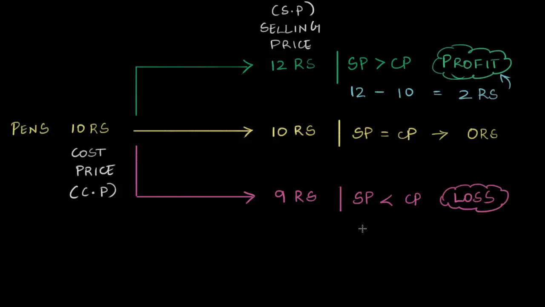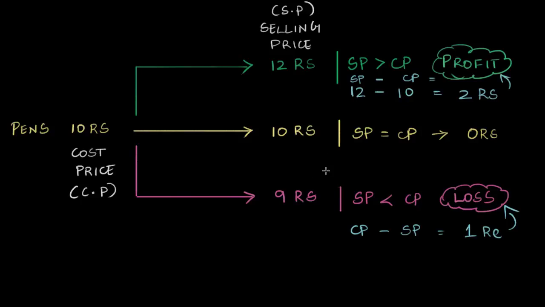Because the cost price is bigger than the selling price, we say CP minus SP, and that's equal to 1 rupee. A loss of 1 rupee. Over here it was SP minus CP, which was equal to a gain or a profit. A profit is also called a gain sometimes. A gain of 2 rupees.